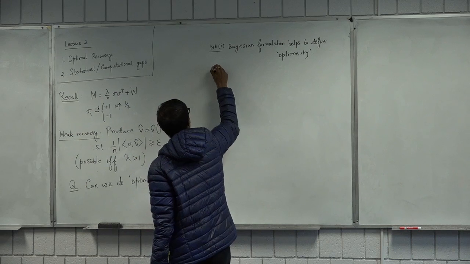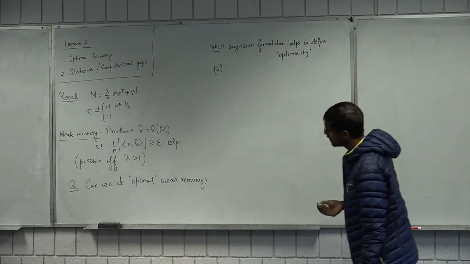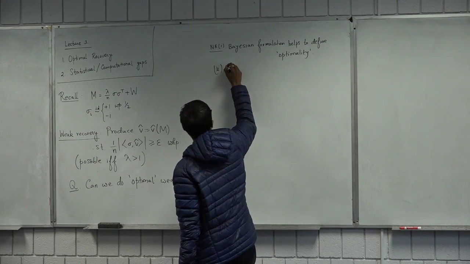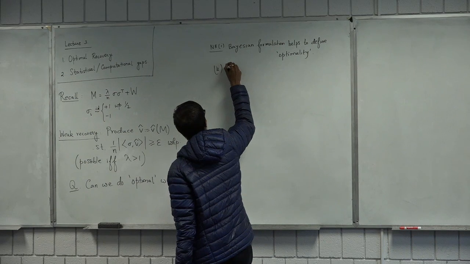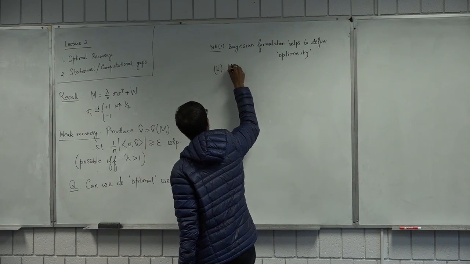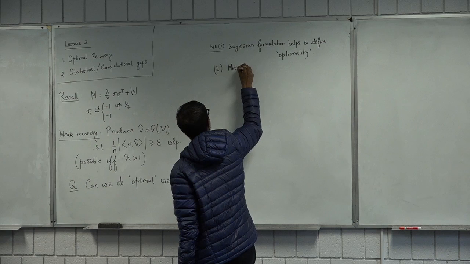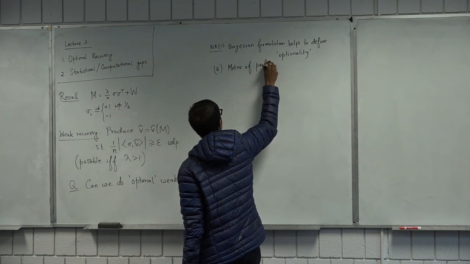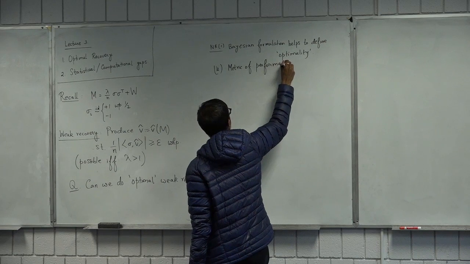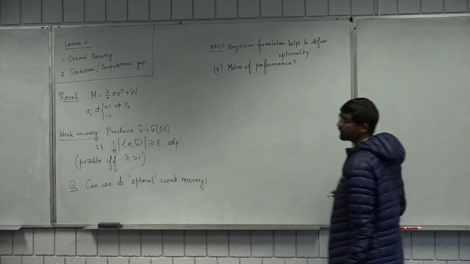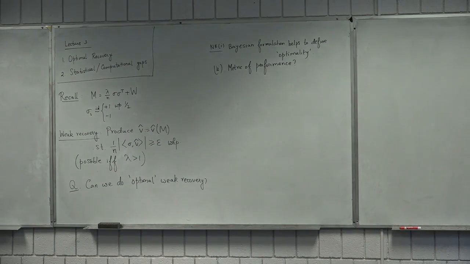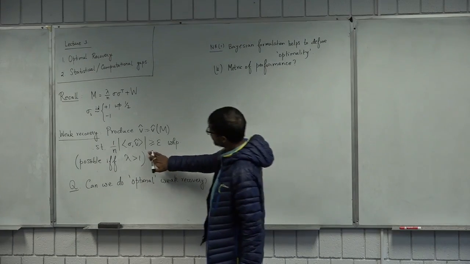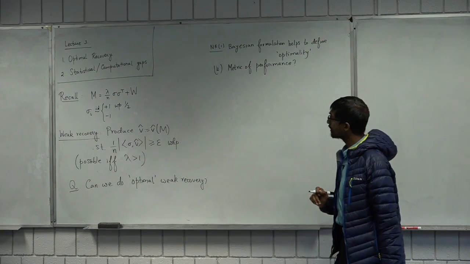The second point is, what is our notion of loss, or metric of performance? I can do it in a number of ways. One is, of course, to just look at this inner product.